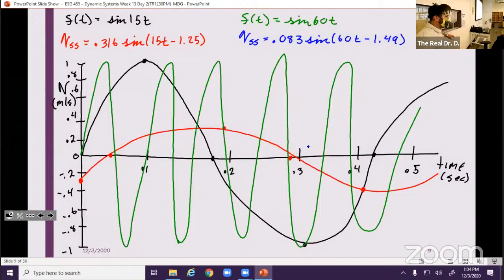All right, so now we'll do the steady state output for this input. So you would expect, again, that you would have a shift and a shrink, right? Because what this equation tells us, what the red and the blue equations tell us, are this. In the case of 15 radians per second, we have scaled our amplitude by 31.6%. So we have lost roughly 70% of our amplitude from the original.